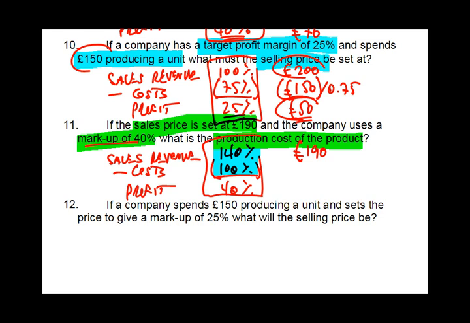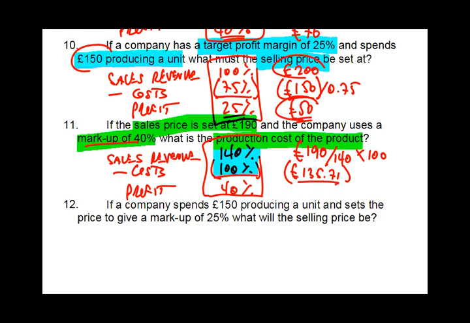To work out what the cost will be, easiest approach is probably to divide the revenue by 140, because that's how much it relates to, and then multiply by 100, because that's what we need to identify. Now 190 divided by 140 and times 100 gives me £135.71 if I round to the nearest penny.